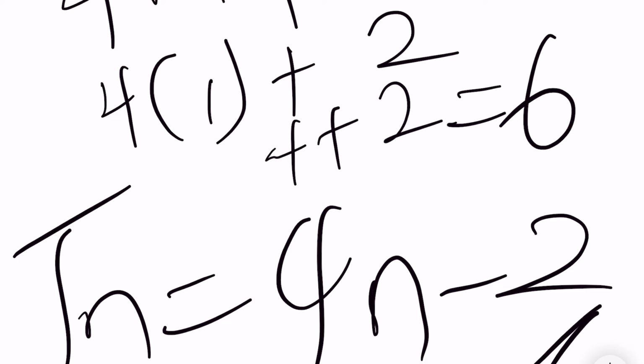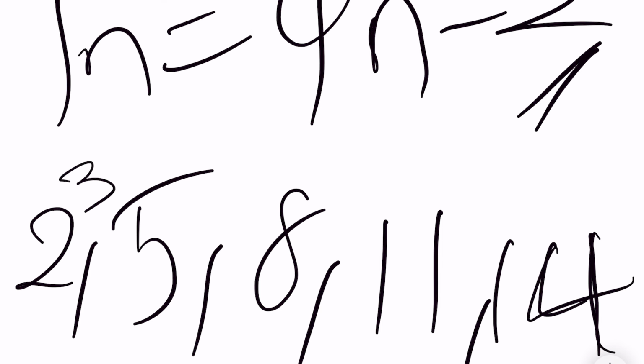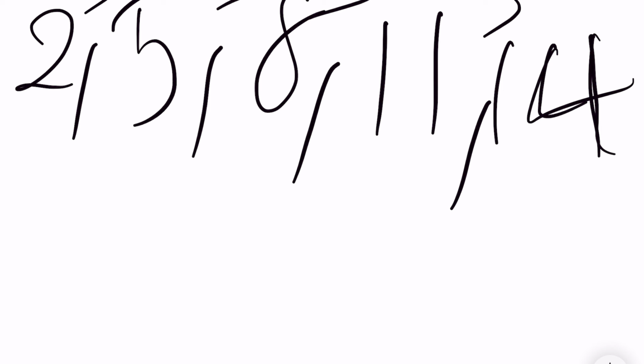Now, the next example says, also find the nth term of the sequence 2, 5, 8, 11, and 14. So we have here to be 3, here is 3, here is 3, and here is 3. So basically, what can we use? We can use also 3n plus 2 or 3n minus 2.